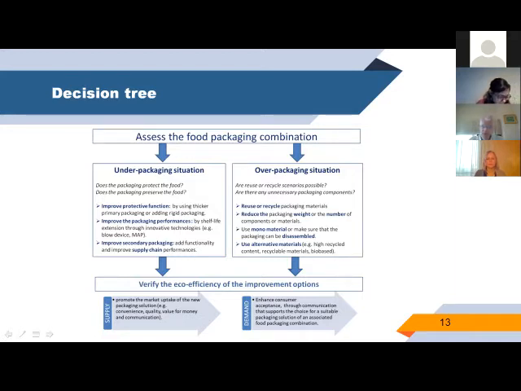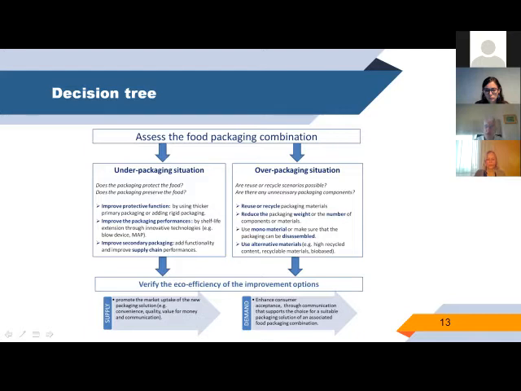Once you have identified your situation, you will go through a checklist that will help you to find a solution. For the under-packaging solution, we have a checklist where you need to try to improve the protective function. You can try to improve the packaging performance.